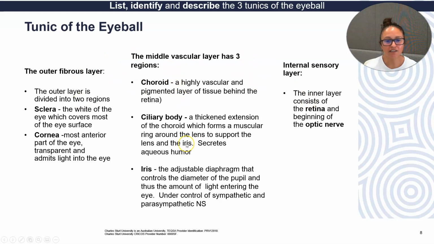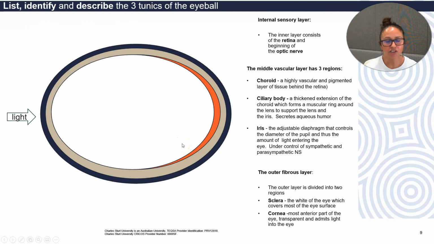So let's have a look at these layers. I want you to understand exactly where they are and where they all fit in. If you think of your eye as an oval kind of shape, light enters through one side and action potentials come out the other side.